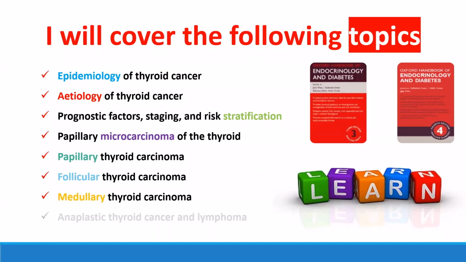Don't forget that calcitonin is a marker for medullary thyroid cancer, and we will discuss it in more detail with MEN2. And what is known as non-differentiated thyroid cancer, which is anaplastic thyroid cancer, a more aggressive thyroid cancer. Also we will discuss thyroid lymphoma.